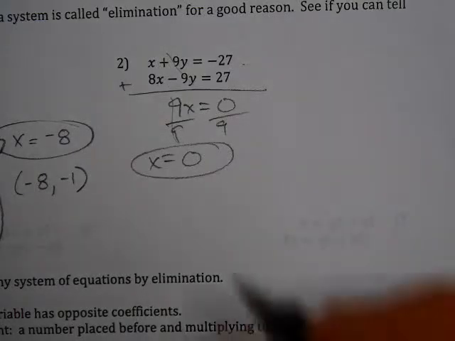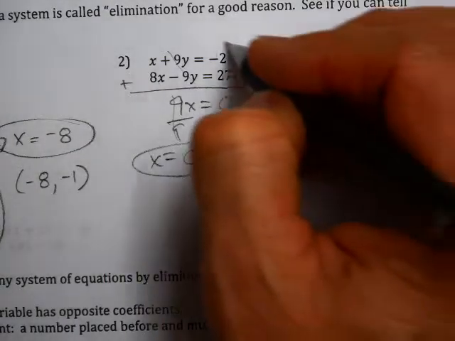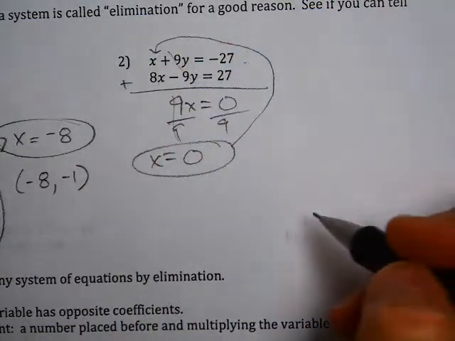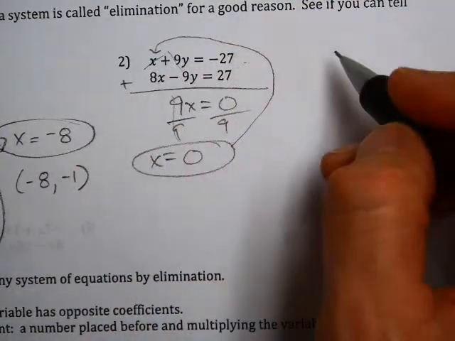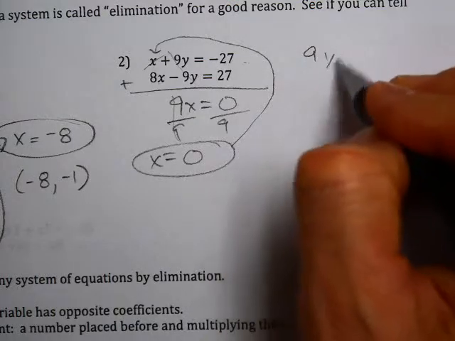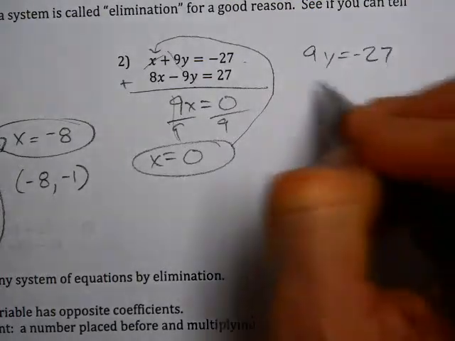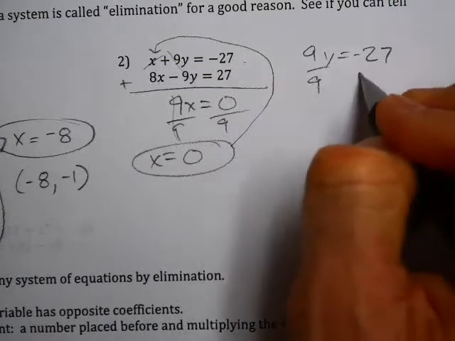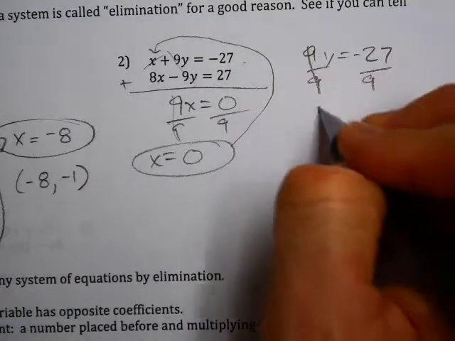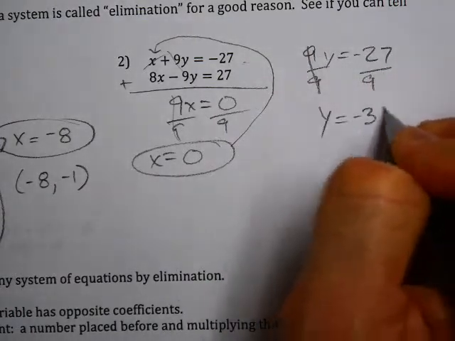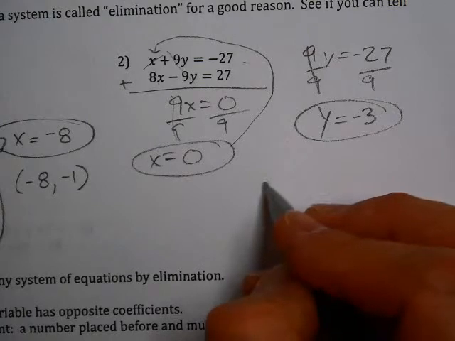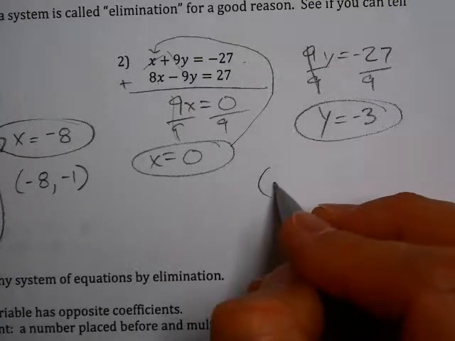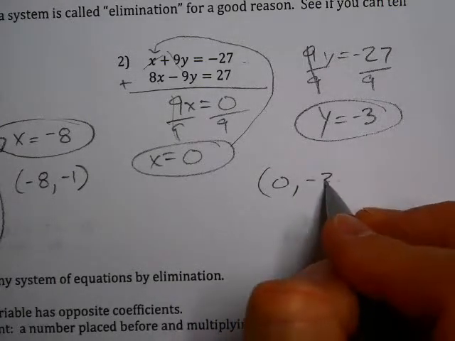Doesn't matter, you pick. Well, I'll pick for you this time. I'm going to put it into the top. No reason other than, so then that cancels that guy out, and I get 9y equals negative 27. If I divide by 9, y equals negative 3. So the point where these two lines cross is at 0, negative 3.